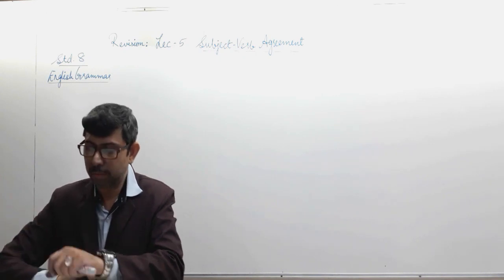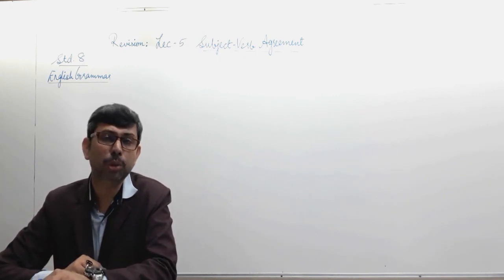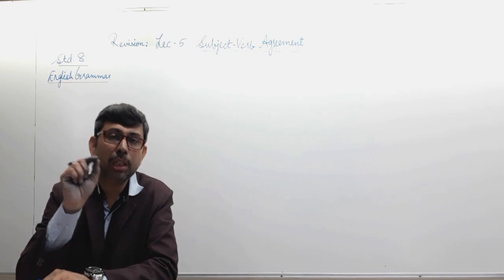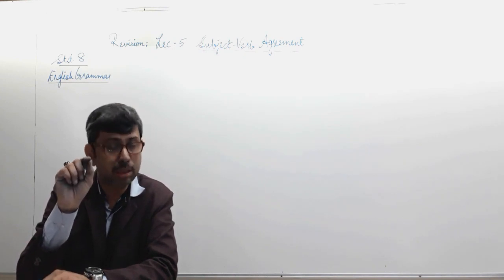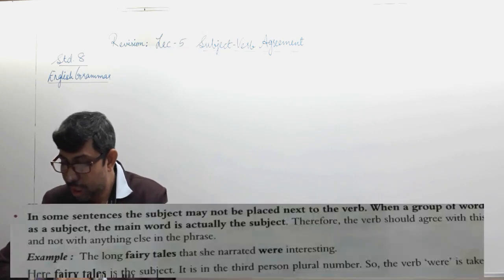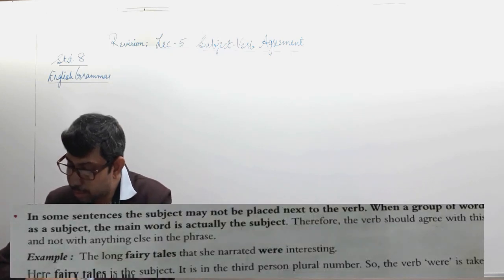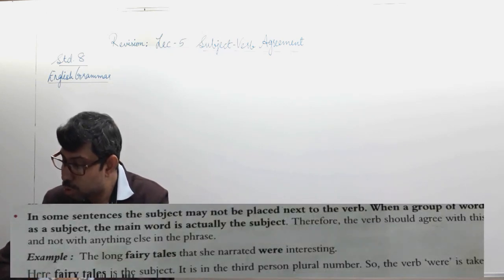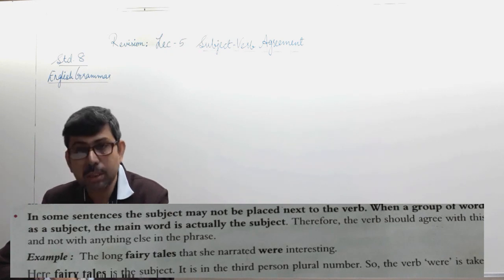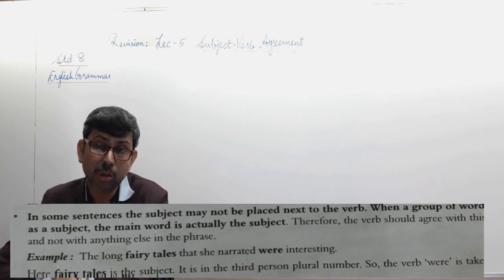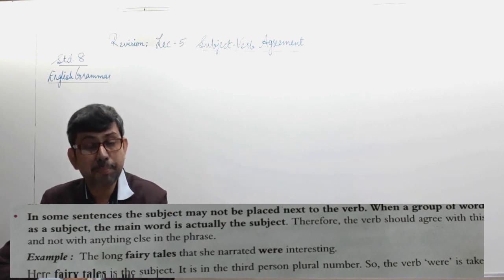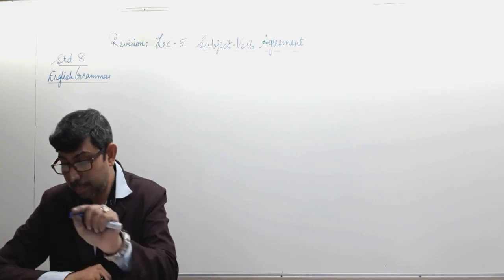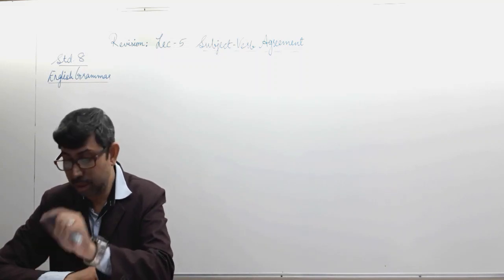In this manner, sometimes it is not always possible to keep the verb immediately after the subject word. Here fairy tales is the subject, it is in the third person plural, so the verb were is taken. The verb is in agreement with the subject, but it is not in proximity, immediately after the subject. It is placed somewhere away from the subject.